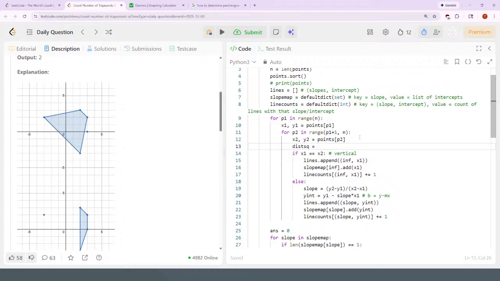So x2 minus x1 times x2 minus x1 plus y2 minus y1 times y2 minus y1. I guess I could decompose this to be like delta x, delta y.